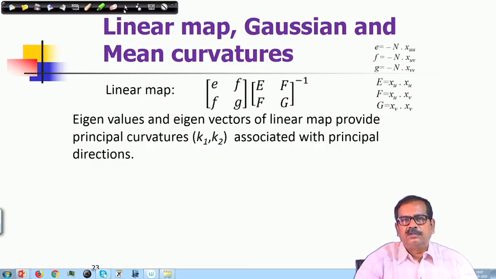So, in the case of computation, we call them two principal curvatures, but since there is sign involved, when we are considering their relative strength, then the magnitudes should be considered.